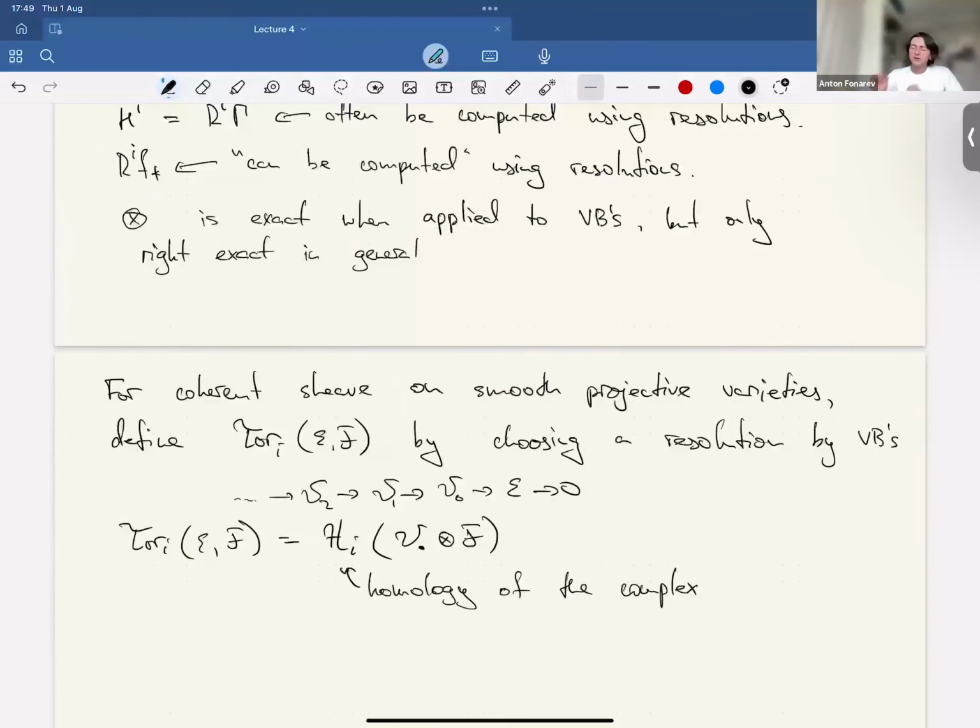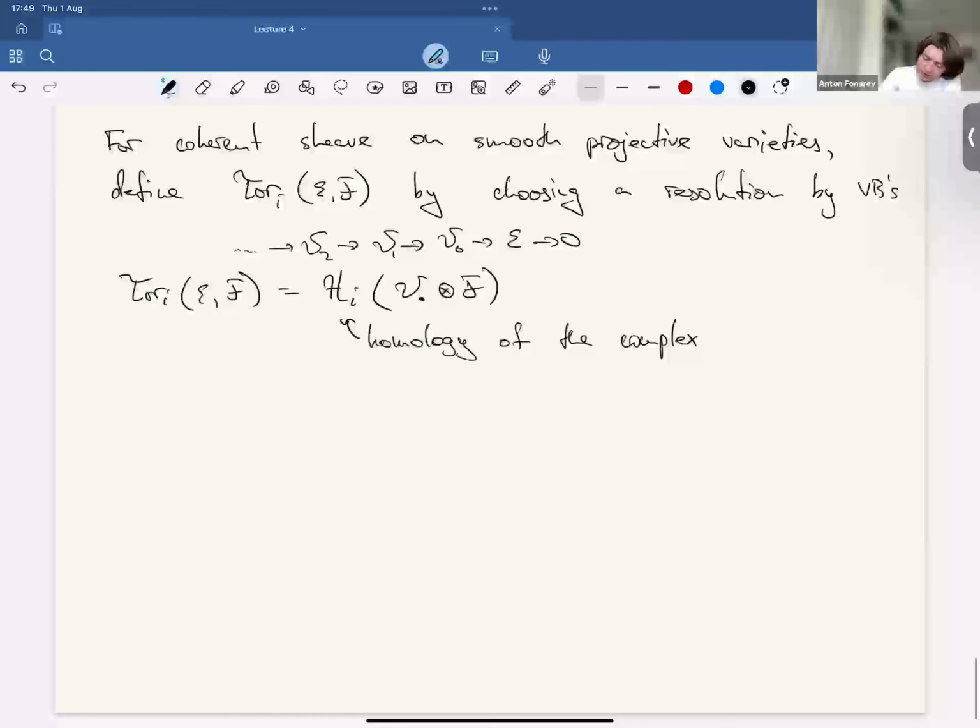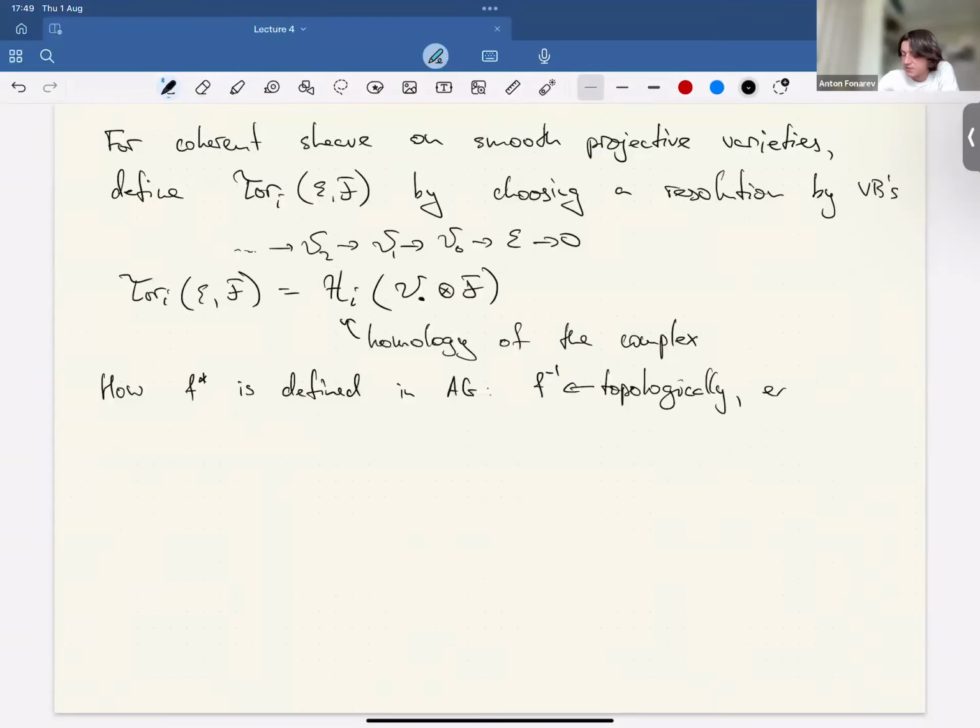And finally, if you think how the pullback is defined in algebraic geometry, well, first you take f inverse topologically, and this is an exact functor. But next, you take the tensor product over f inverse of O_Y with O_X.